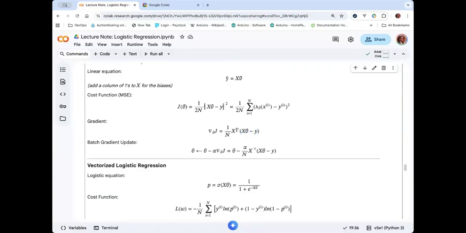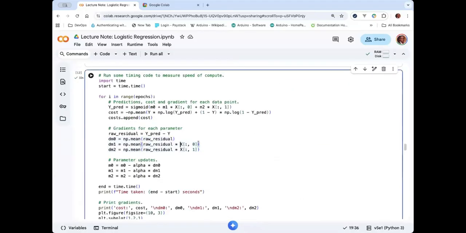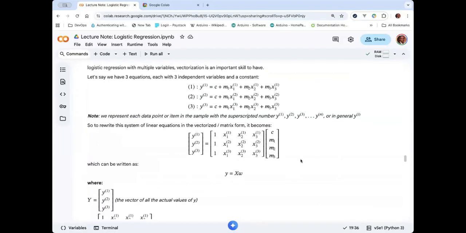Now we have to do x transpose, because remember, when we are calculating gradients, you always multiply the raw residual by x to get a gradient, but the x has to be the x for that particular parameter, right?